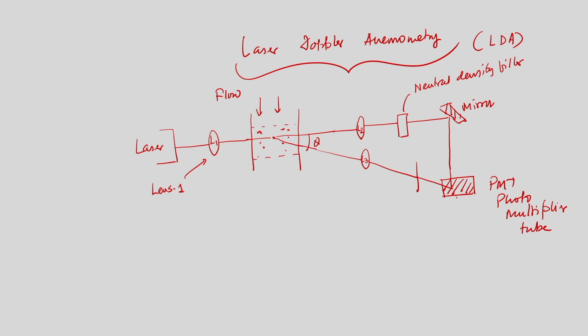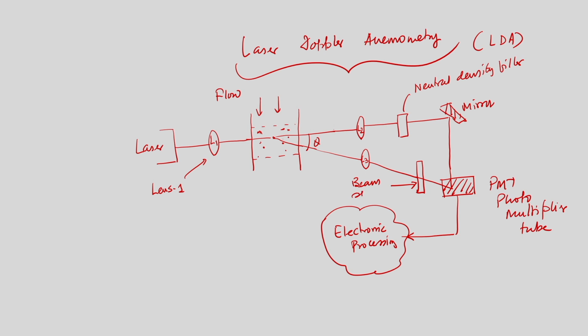From the photomultiplier tube, we go to the domain of electronic signal processing. So, this is the beam splitter.